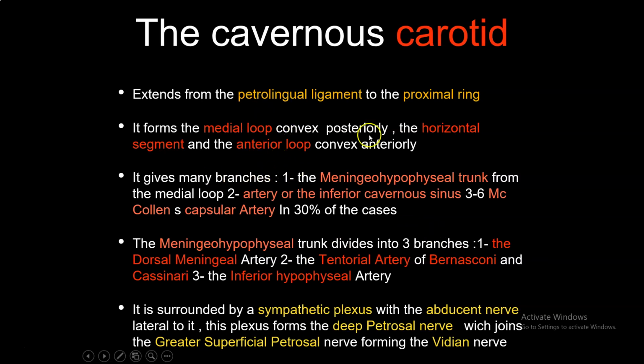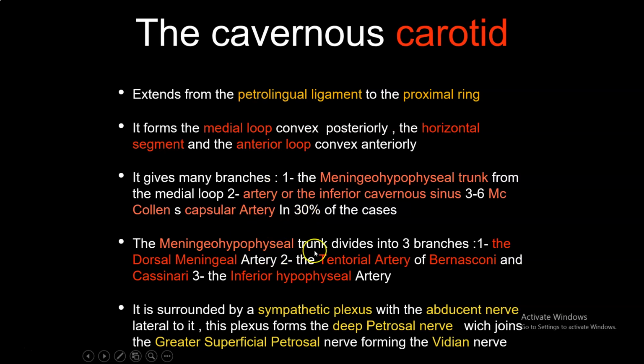It gives many branches: the meningohypophyseal trunk from the medial loop, the artery of the inferior cavernous sinus, which is supplying the cranial nerves in the lateral wall of the cavernous sinus, and Meckel's capsular artery, which is present in 30% of the cases, supplying the capsule of the pituitary.